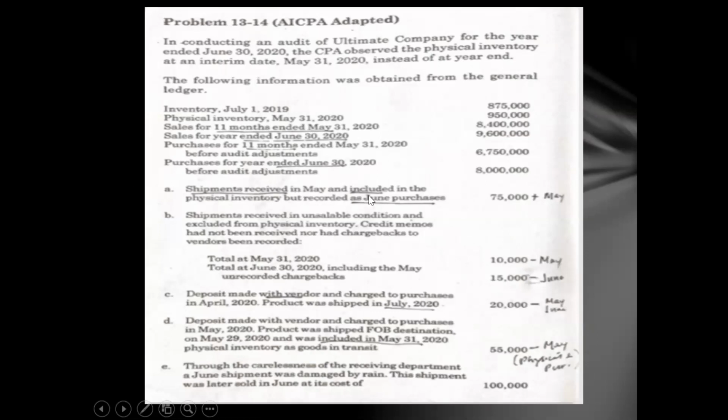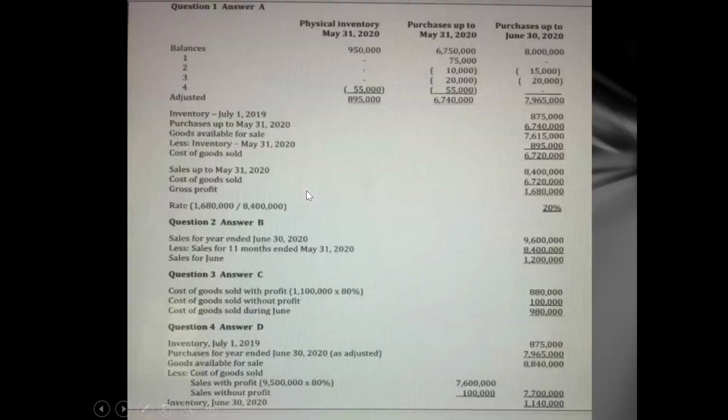The shipment was received in May but included in June purchases. So that's why you have to add to your May, because the May was understated, while your June is already correct because it was recorded as June. So your June includes already the May. So it's correct. No adjustment on physical, because it was already included in the physical count.